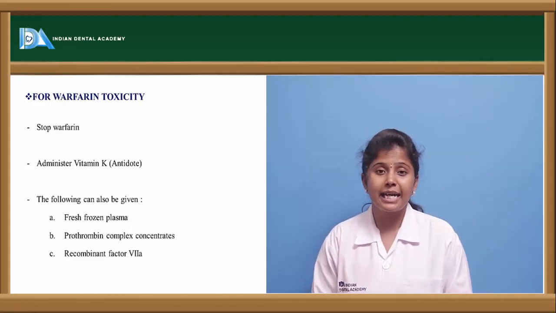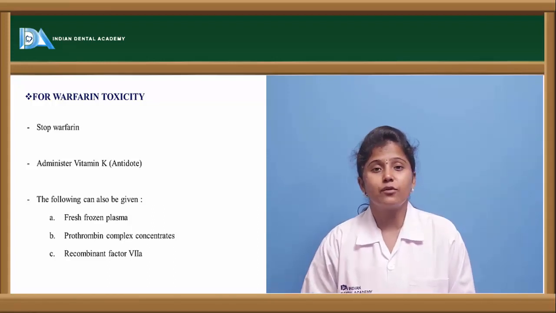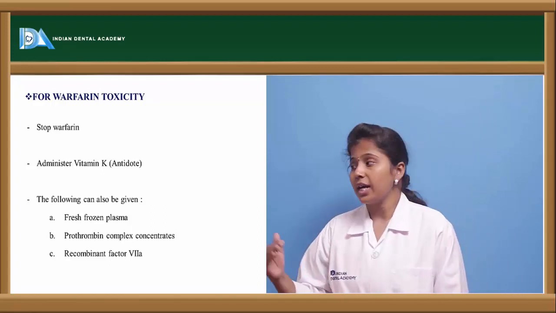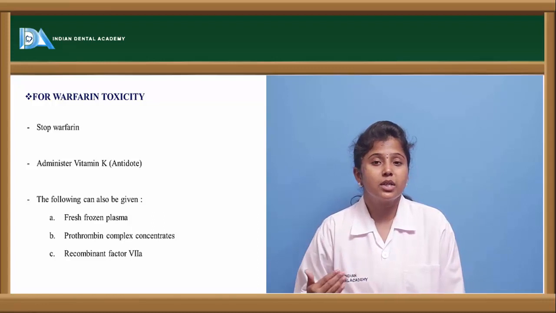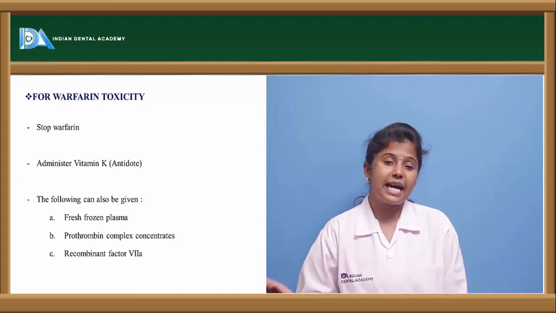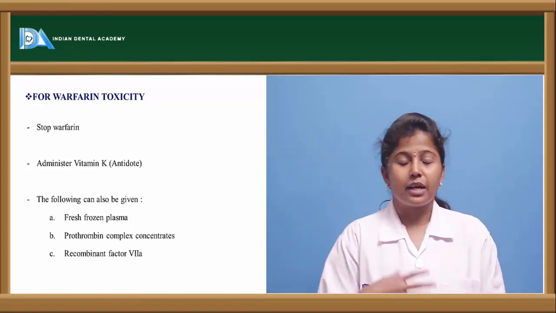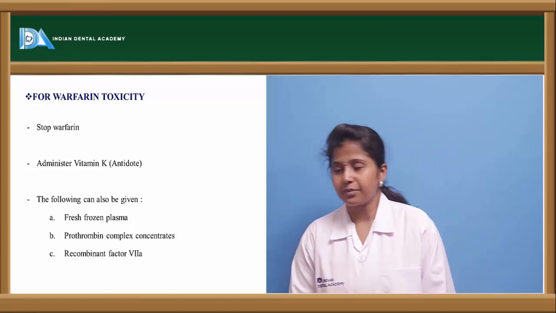In this situation, what do we have to do? So first thing is that we have to stop taking warfarin. So warfarin should not be given, and instead of that, we have to give vitamin K. So we have to administer vitamin K, because vitamin K is an antidote for warfarin poisoning. And the following has to be taken. We have to take care that fresh frozen plasma should be given.